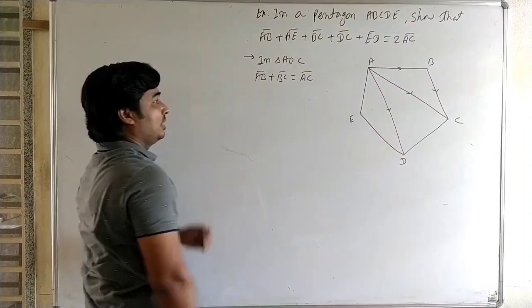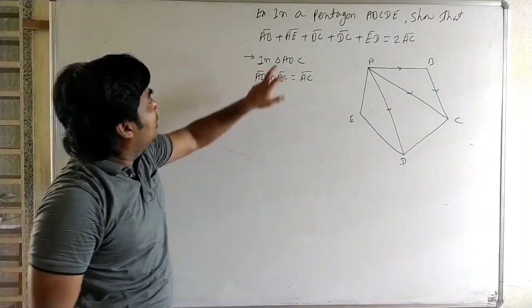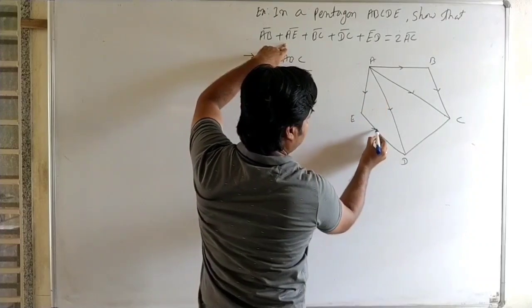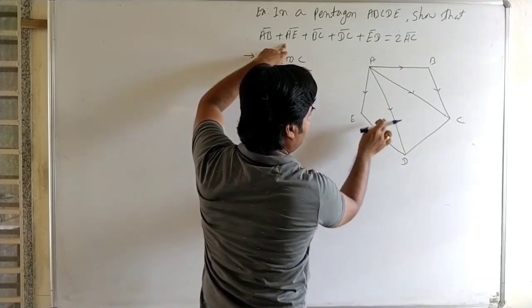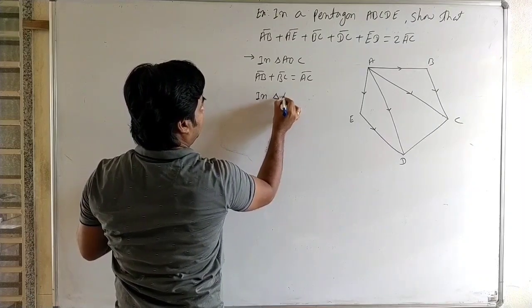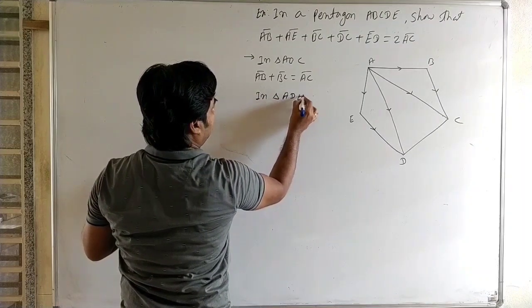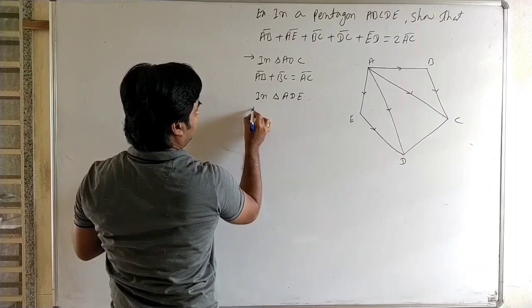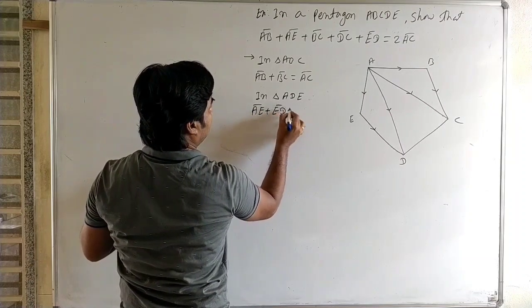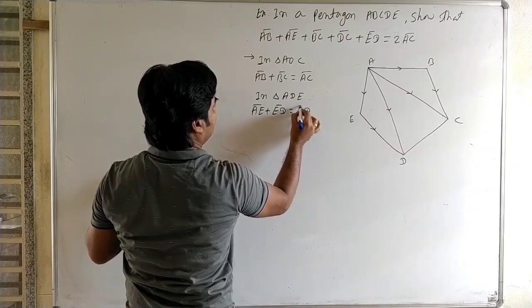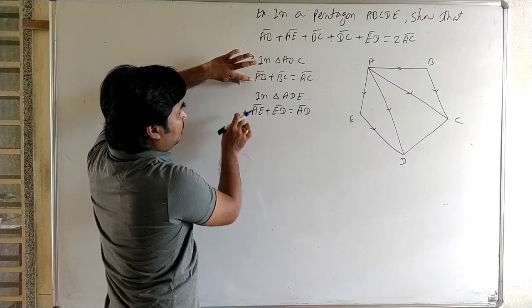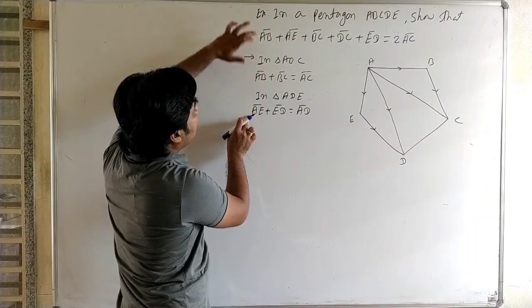Then again here AE plus ED. In triangle ADE, AE plus ED is equal to AD. So two conditions are used in this.